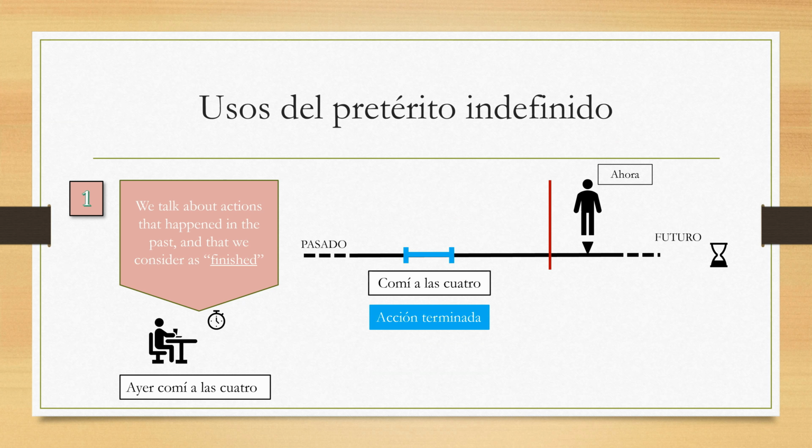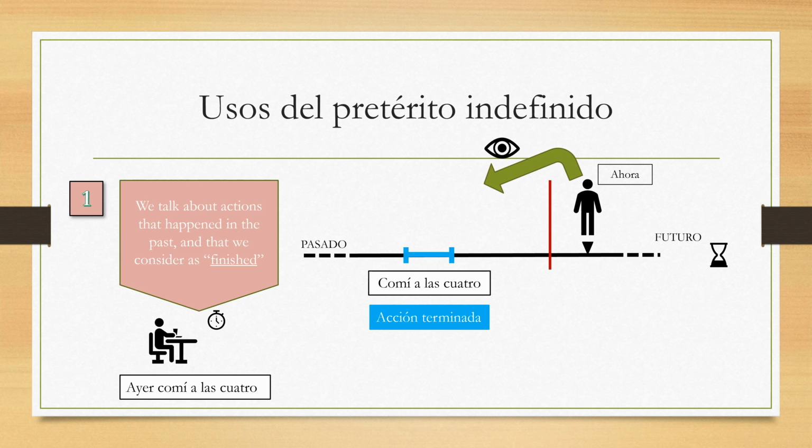Later, we will see how we can actually indicate for how long, because right now, I do not have a particular finish point. I only know when the action started. It started at 4. But when did it finish? I do not know exactly, but because I'm using this past tense, it's clear that the action was finished.